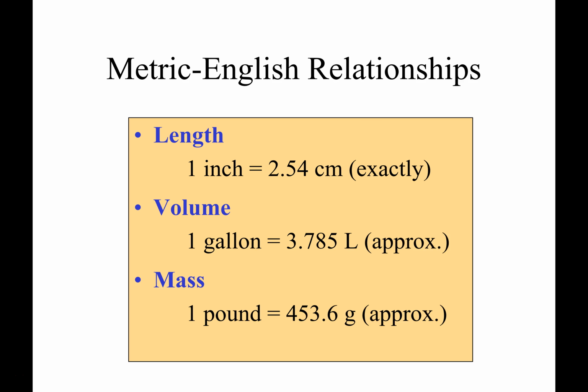Here are some more equality statements. I'll put an arrow next to the one you need to commit to memory. So my arrows are memorized. The only one you need to memorize is the one I mentioned earlier. With regard to length in the English and metric system, by definition, there's this awesome relationship between inches and centimeters.